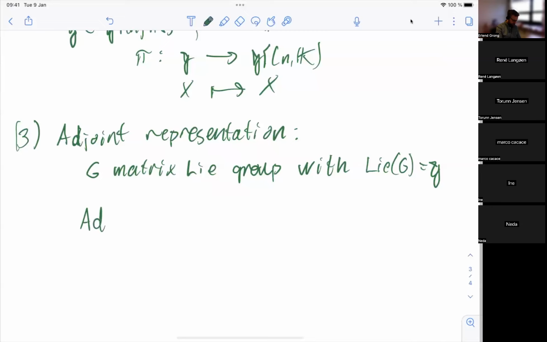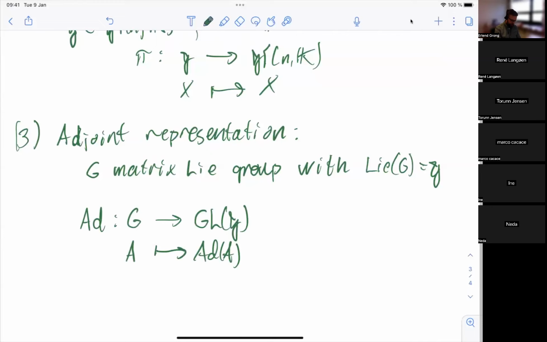Then we have the adjoint map from G to GL(g), defined as A going to Ad_A.